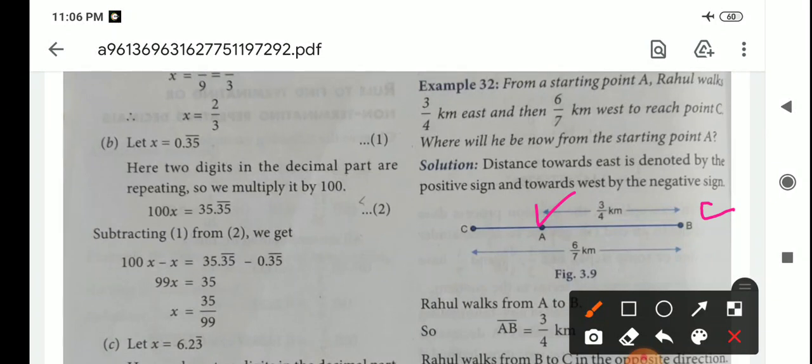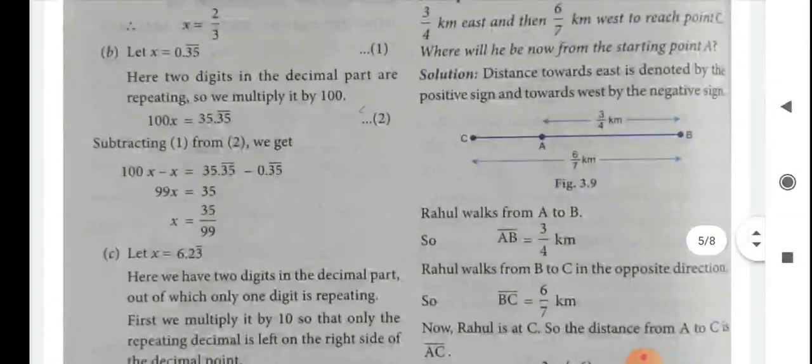Then again he comes back to point C. How much? 6 by 7 km. So B to C is 6 by 7 km and A to B is 3 by 4 km. Then the question is what? Where will he be now from the starting point A?